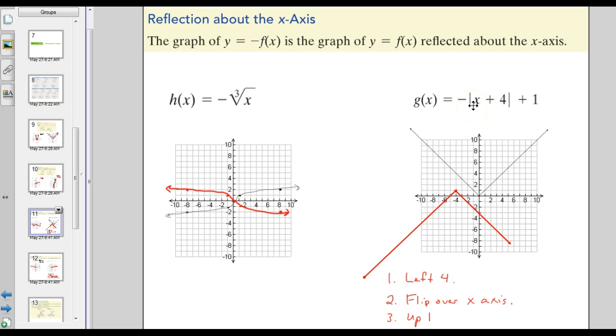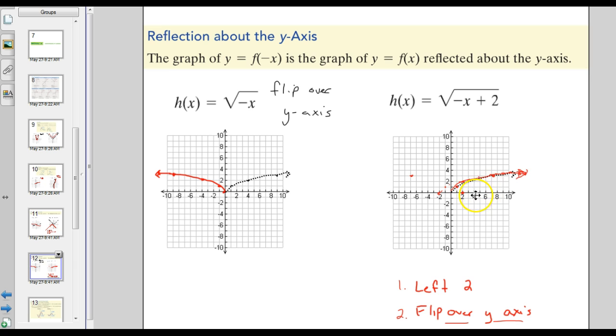Alright, that's the base function, so we don't factor that into the transformation because that is what gives it that V shape. But then the negation happened after that. That would be the next thing in order of operations, so that's why we flipped over the x-axis next before we added 1. Right, it would make a difference if we changed the order. So the order of operations is kind of dictating things here.